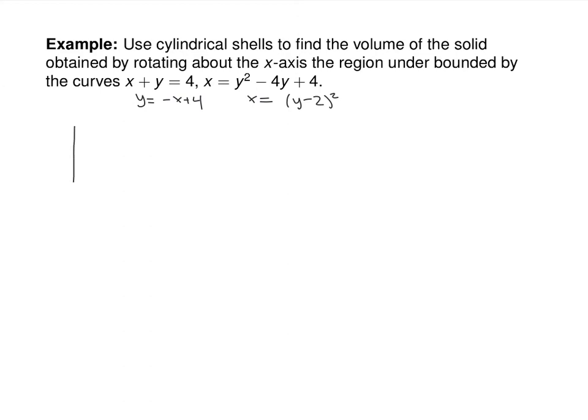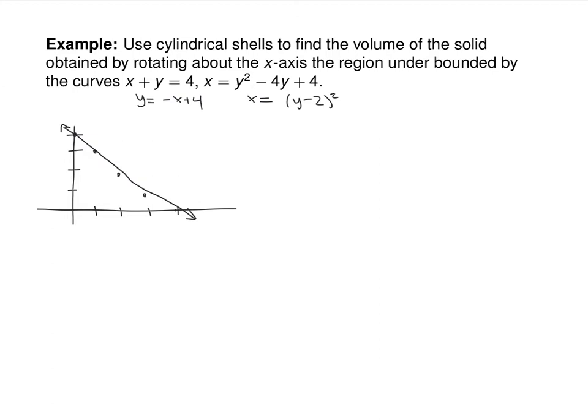So here is what our picture looks like. 1, 2, 3, 4, 1, 2, 3, 4. All right, our line begins at 4, slope -1. Okay, so there's your line.